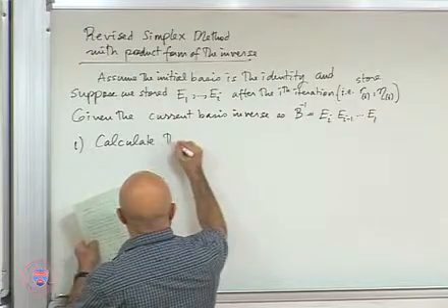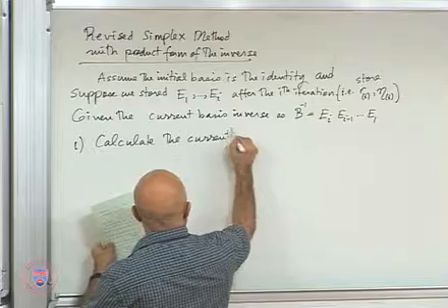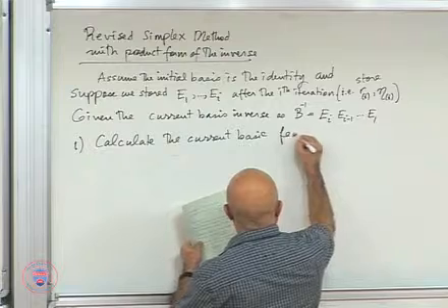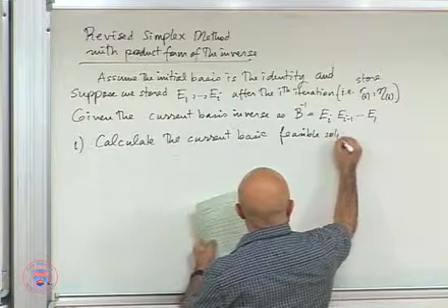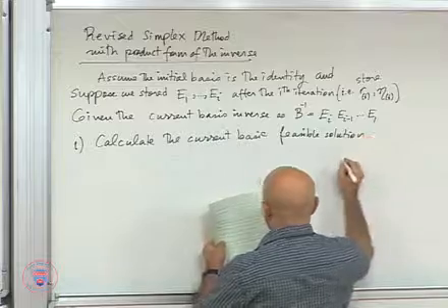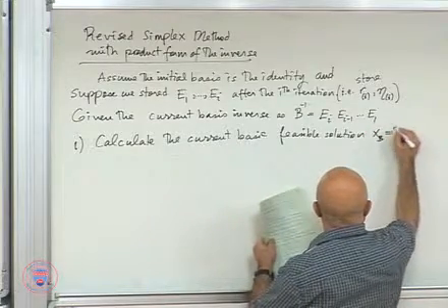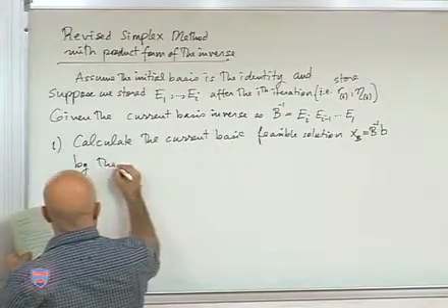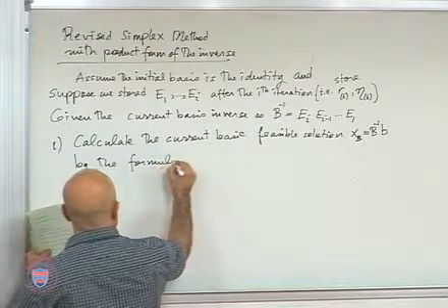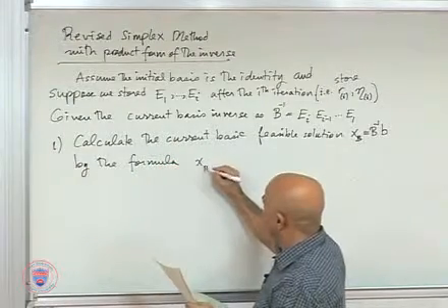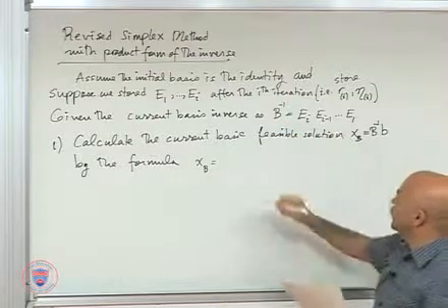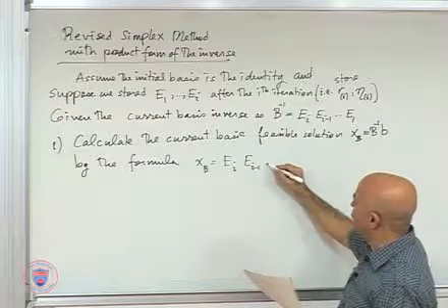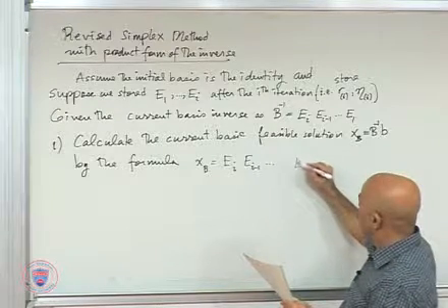Calculate the current basic feasible solution xb, which is your B inverse B, by the following formula: xb equals, well, in place of B inverse you write EI, EI minus 1, so on and so forth, E1.